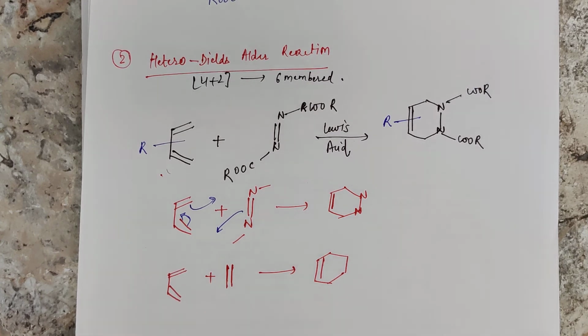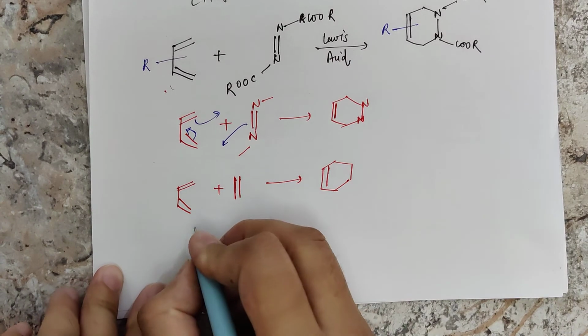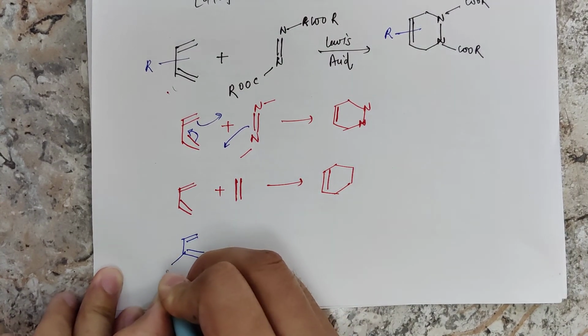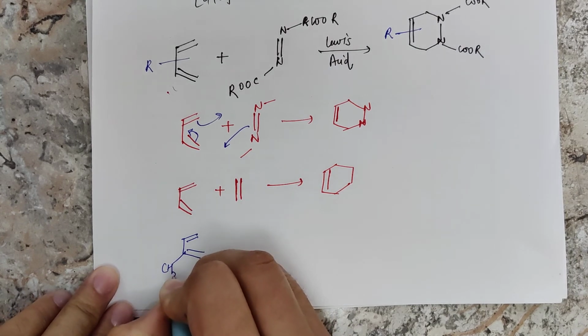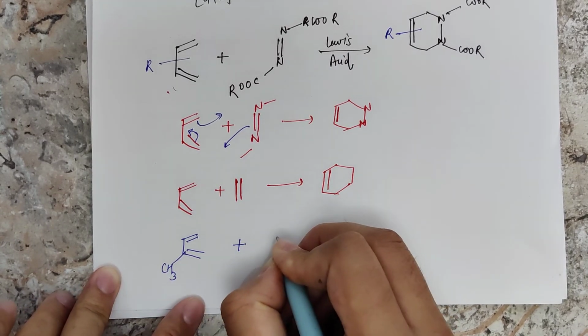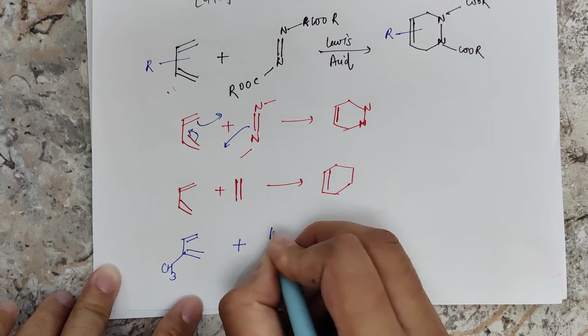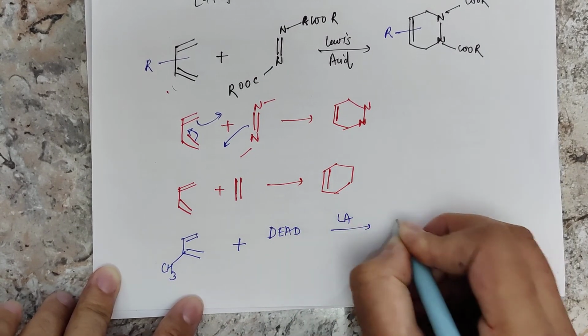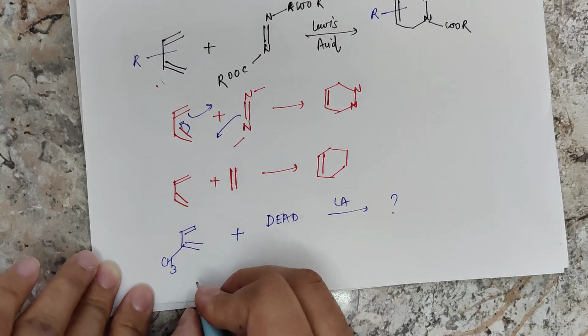the products. Let's say कि आपका reaction है this plus your DEAD in presence of a Lewis acid. You have to predict the product.